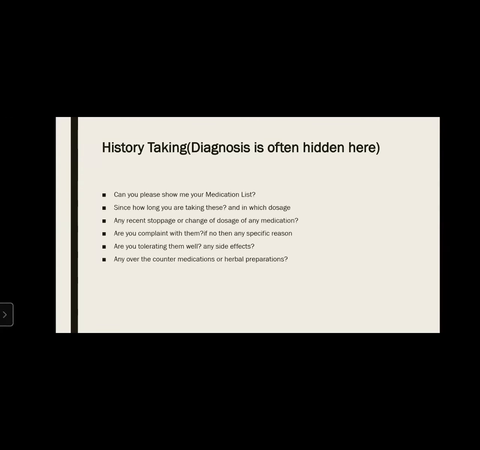But for the last 2 months, the dosage has been doubled or increased, and since then he is having dizziness, which is a common side effect of ARBs or ACE inhibitors. So you will establish a temporal relationship: as this patient escalated the dose of ARB, he is having dizziness, and this dizziness is attributed to the increase in the dosage of ARB.